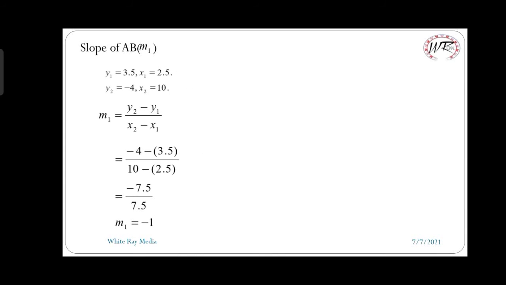Now we are going to find the slope of AB, taken as M1. Let us apply all the x and y values in the formula. M1 is equal to (-4 minus 3.5) divided by (10 minus 2.5). That is equal to -7.5 divided by 7.5, and M1 is equal to -1.